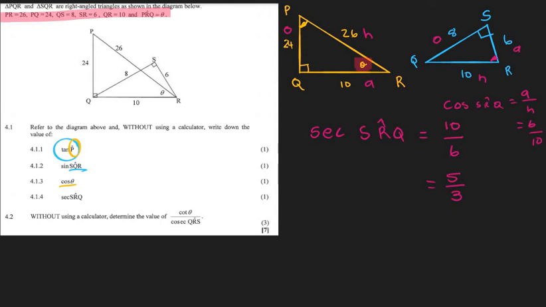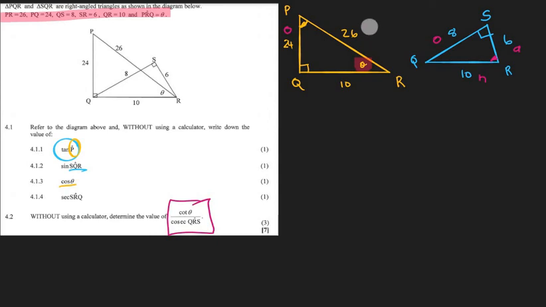Now our last one we want to do is, without using a calculator, we have to determine the value of that. Do not even panic slightly. Let's quickly have a look.